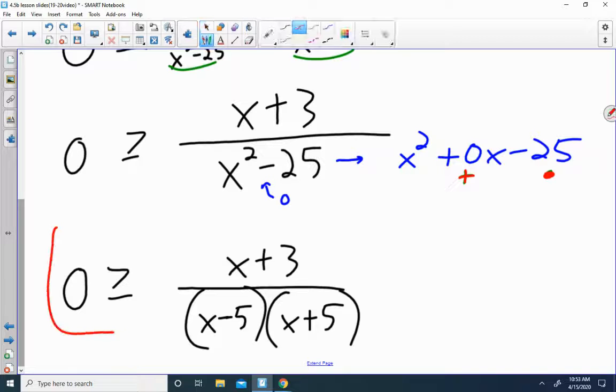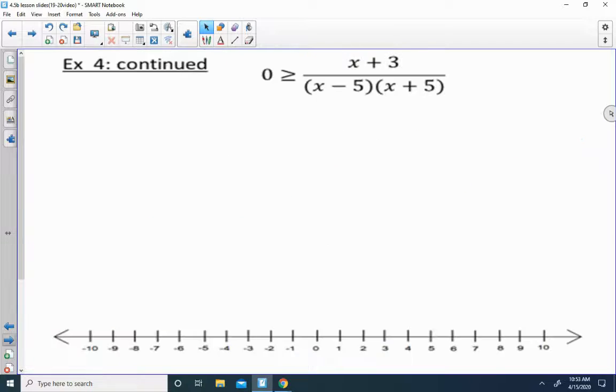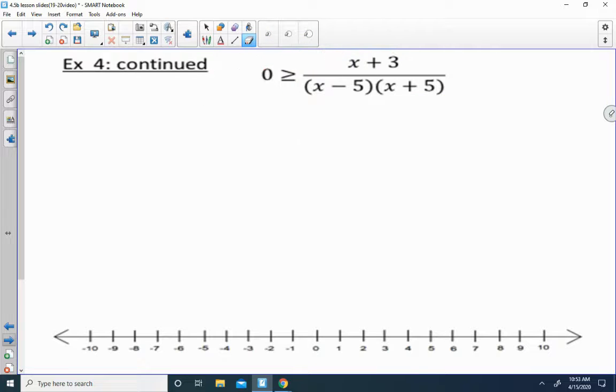And now we have the function we need to help us find our final answer. So let's take this and move it to the next slide. So 0 greater than or equal to x plus 3 all over x minus 5, x plus 5. Basically the same function that we had on the previous slide. All right, moving on with our usual procedure.